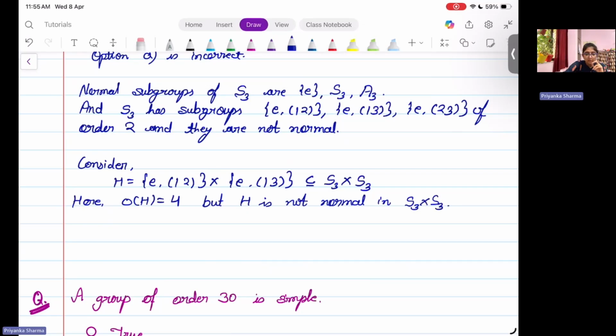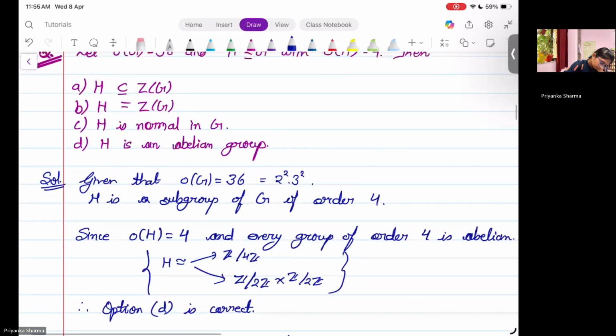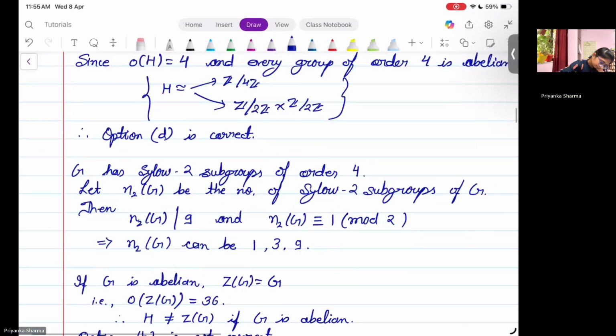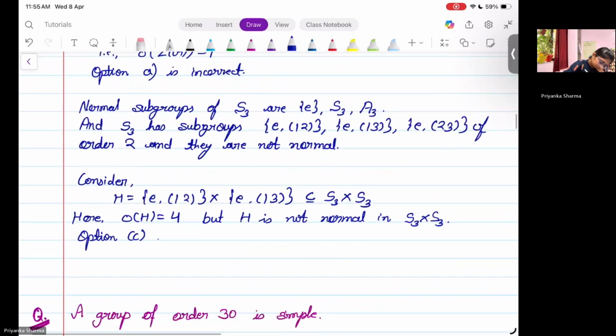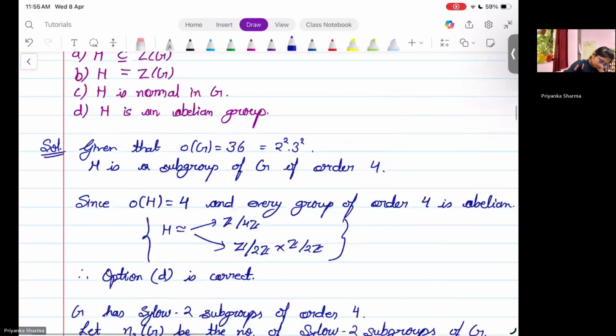Because this is not normal in S3, and this is not normal in S3, the product will not be normal in the direct product of S3. So this is how we can discard option C. What is the answer? Option D.